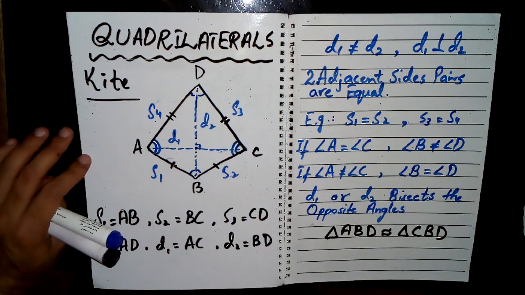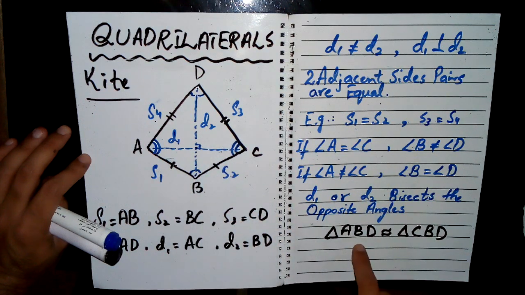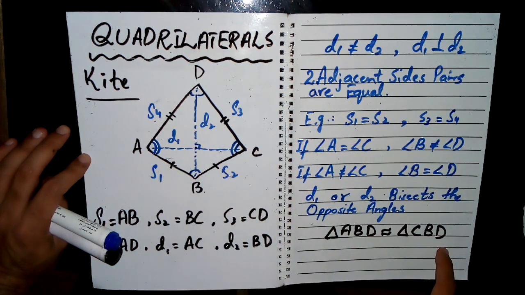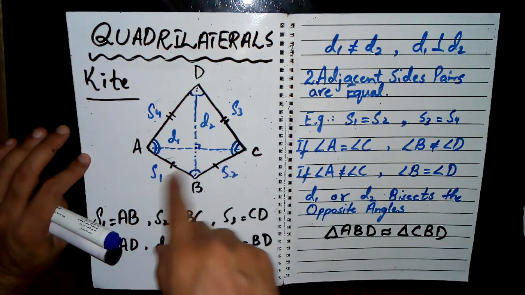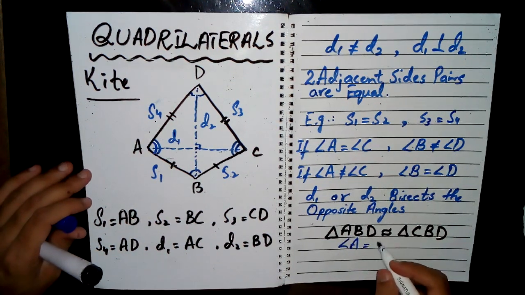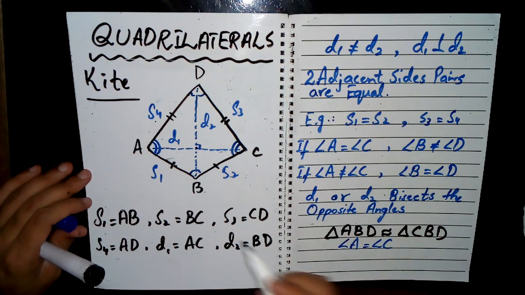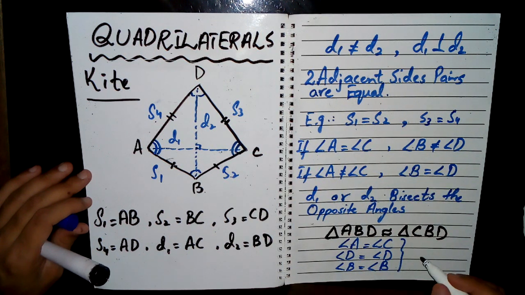And you can clearly see that these two triangles, ABD and CBD, are always congruent, because this angle is equal to this angle, that is, angle A is congruent to angle C, while angle D is congruent to angle D, angle B is congruent to angle B, and in the end D2 is equal to D2.